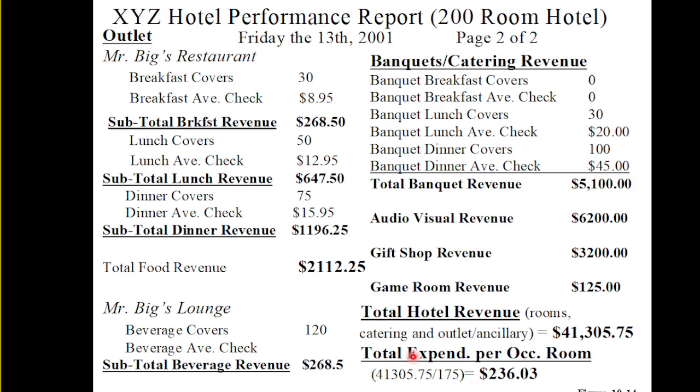This is what we call TrevPOR. TrevPOR is the total expenditure per occupied room. The formula is $41,305.75 divided by 175, since 175 is the occupied rooms from our previous slide. So the total expenditure per occupied room is $236.03.